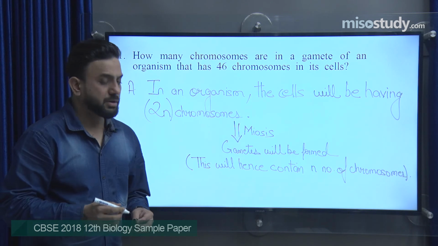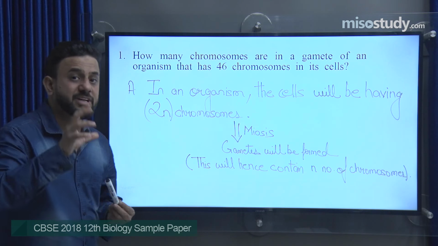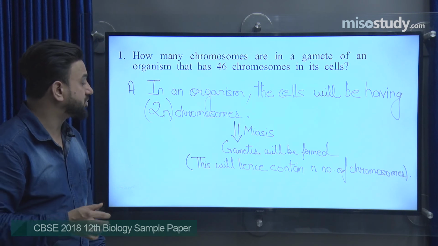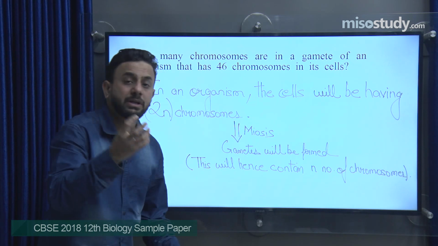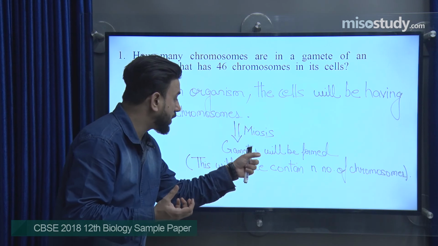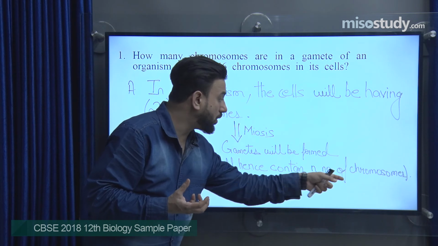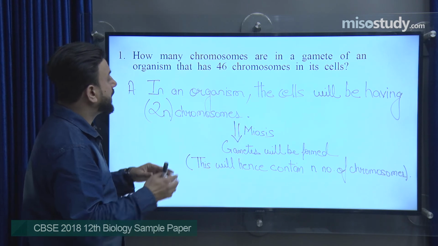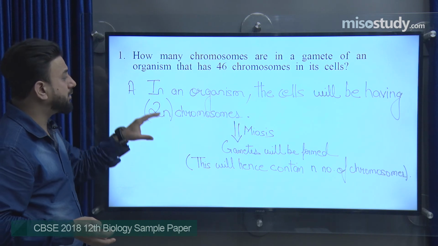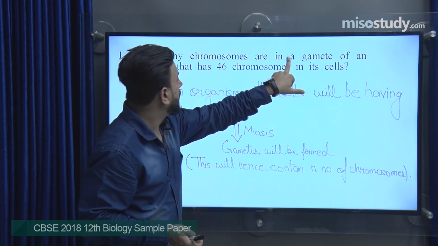Got it? So in an organism the cells have 2n chromosomes, which undergo meiosis when the gametes are formed, and hence the gametes will have only n chromosomes. Now we will apply this logic.